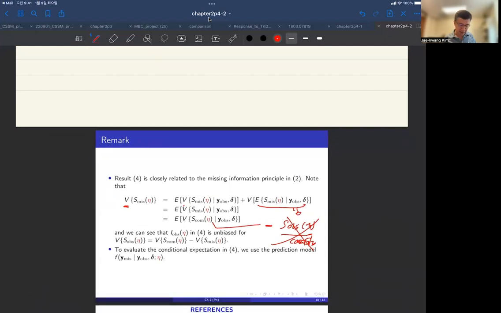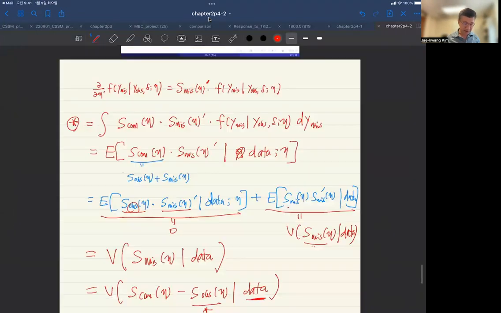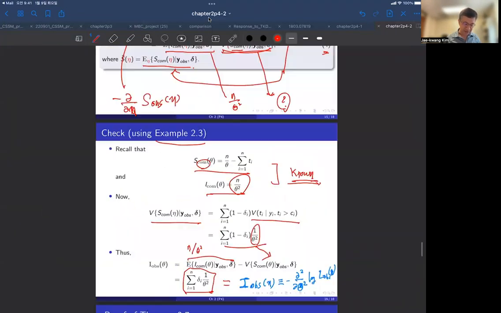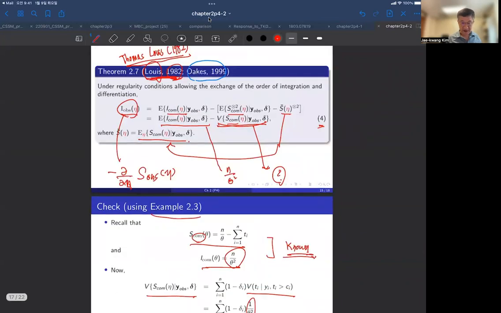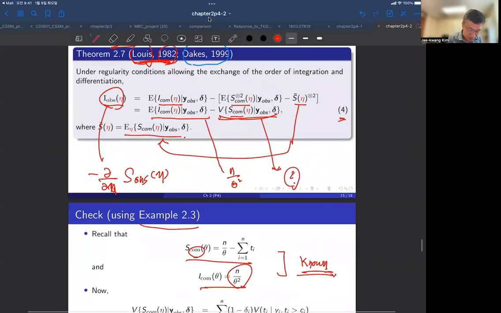So the Louis formula is important in evaluating the variance of the MLE with missing data. If you remember, when you look at this conditional on data, we use Y miss given Y obs and delta to evaluate this conditional expectation and conditional variance.